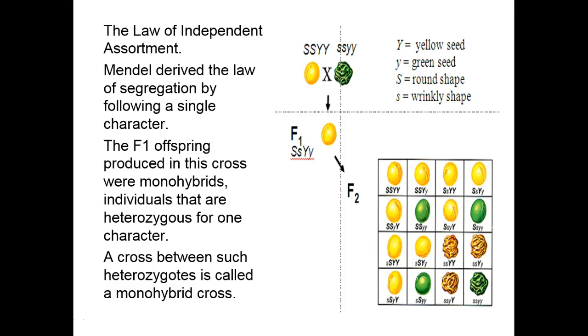He also came up with this law of independent assortment. So the first one was the law of segregation. This is the law of independent assortment.